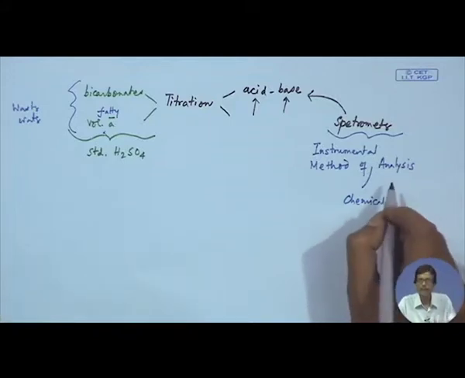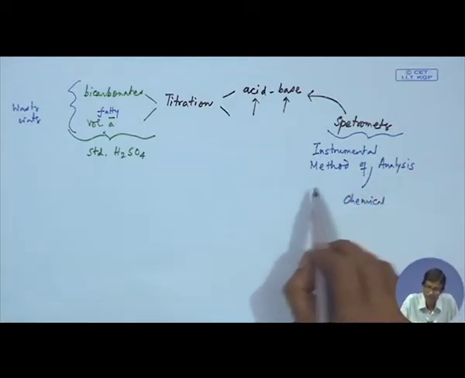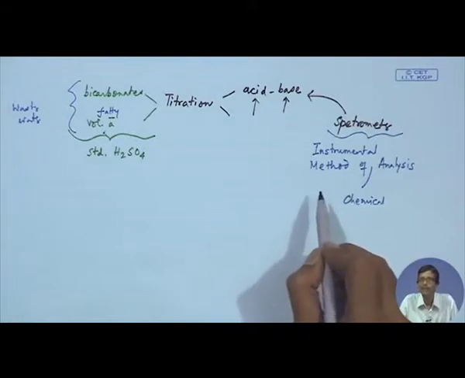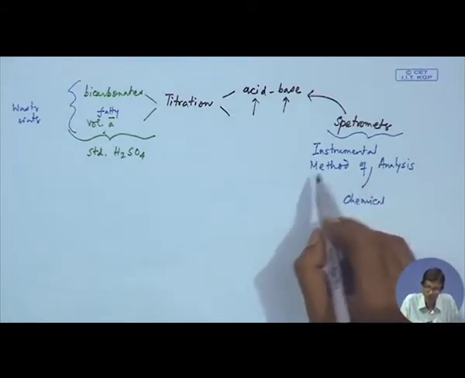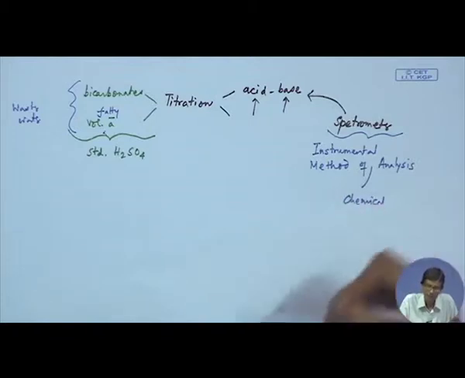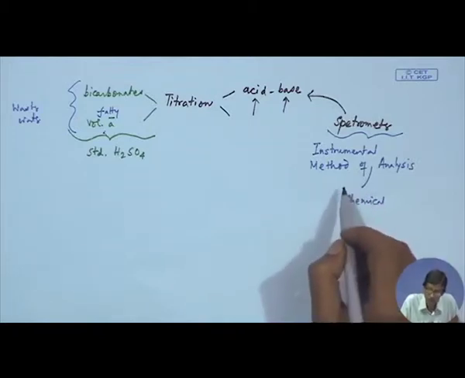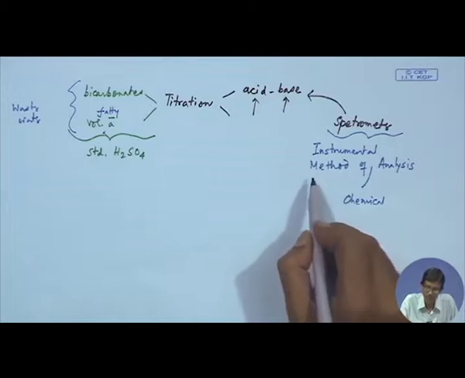That is a huge area of interest, and that can itself be a separate course where we can talk about the corresponding instruments. But in this particular course, I will try to introduce some basic aspects of all those instruments and how we can design.